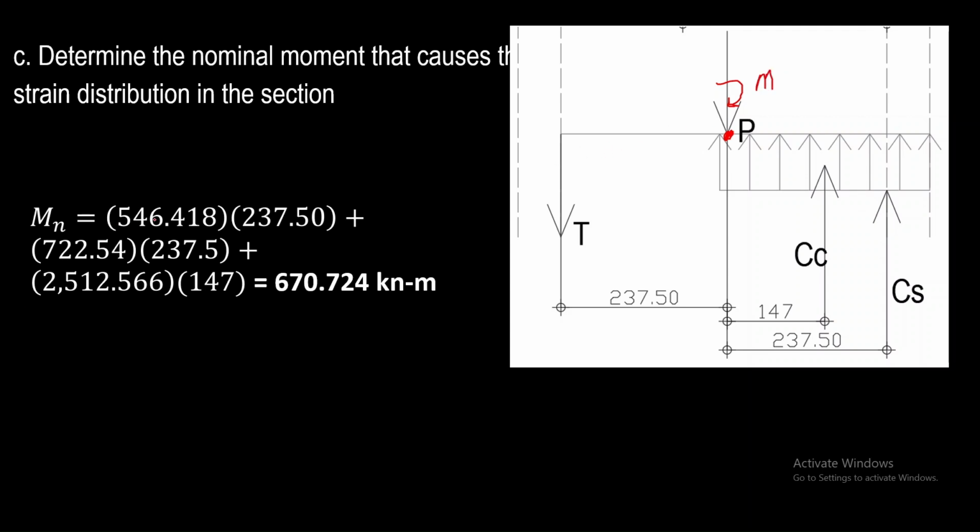The nominal moment: the moment arm of T to this point is 237.5, so this is the value of T. And CS has a moment arm of 237.5.